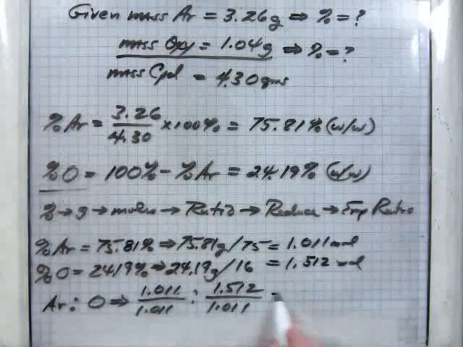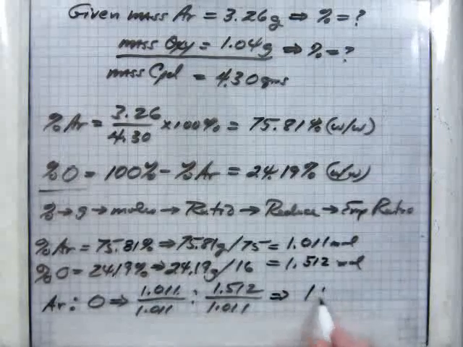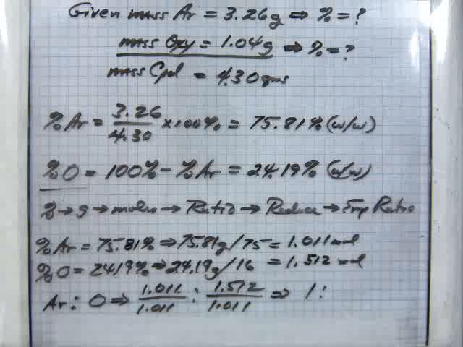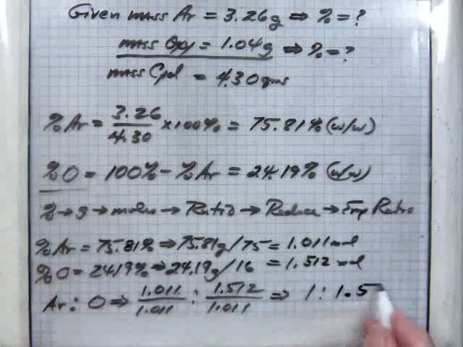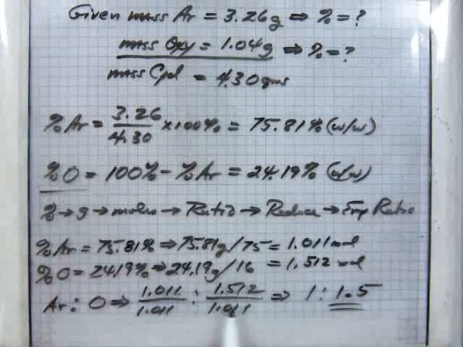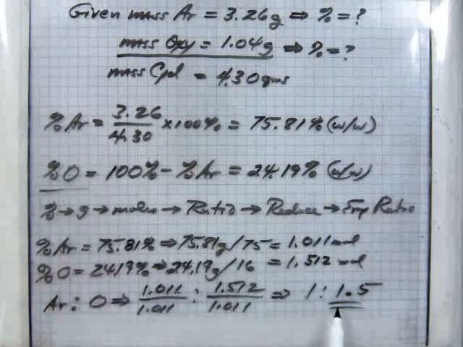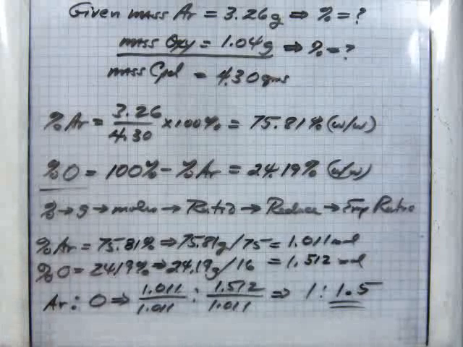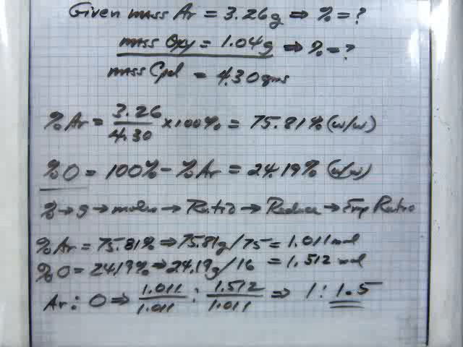Anyway, it reduces, of course, to 1 to whatever that one comes out to be, and that's divided by 1.011, and that's 1.5. Now, this is a unique situation right here. If one of the ratios in your calculation comes out as 1.25, 1.5, or 1.75, you won't have anything in between on test day.